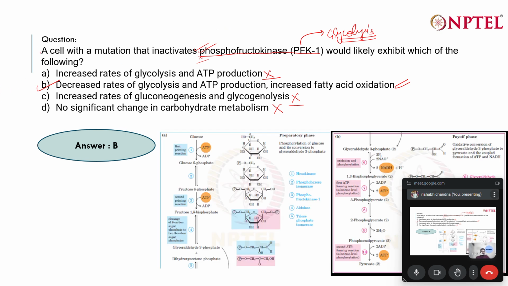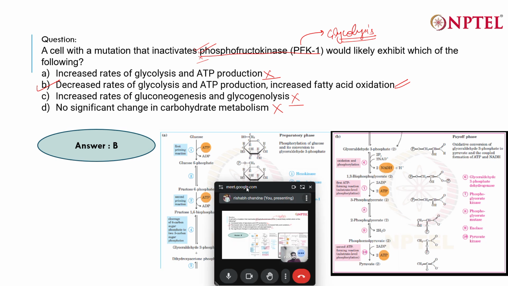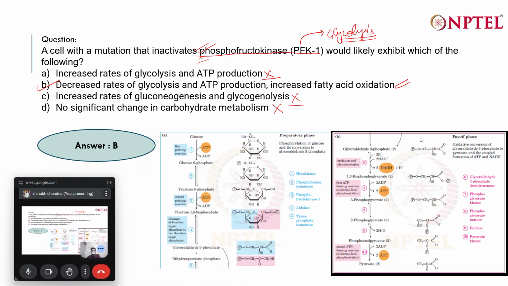Okay, and as we can see here, phosphofructokinase 1 is actually involved in the conversion of fructose 6 phosphate to fructose 1,6 bisphosphate. It is not reversible, which means it is the reaction that is regulated by different methods.